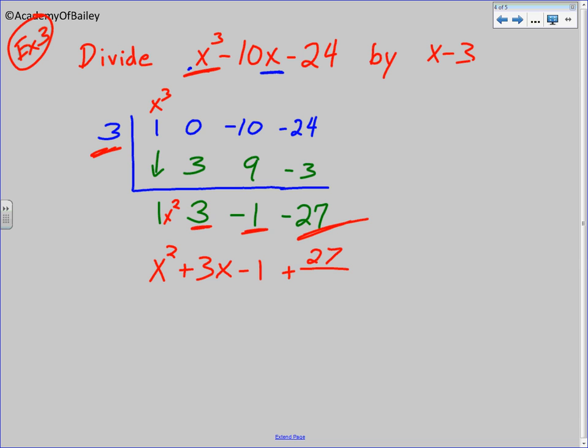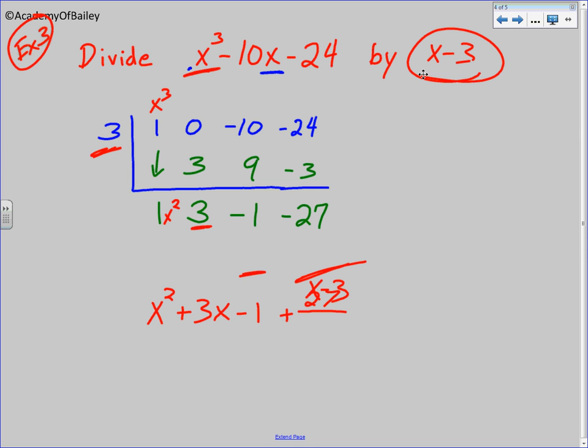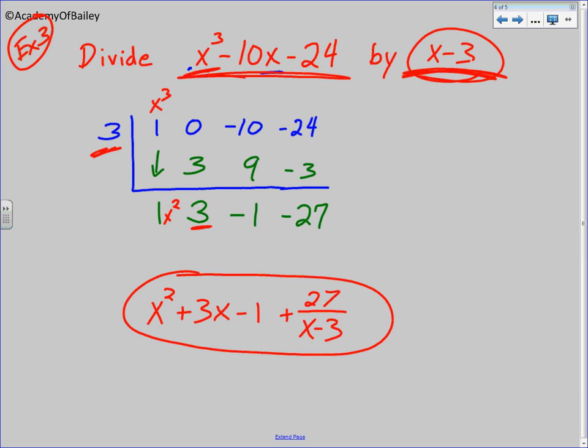We don't want to put 3 there, remember we have to use x minus 3. And so, there you go. When you divide this polynomial by this polynomial, this is what you'll get.